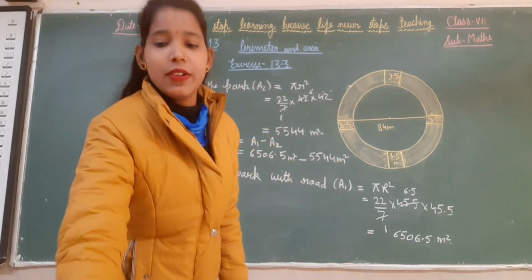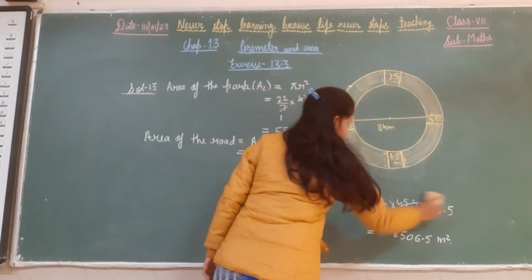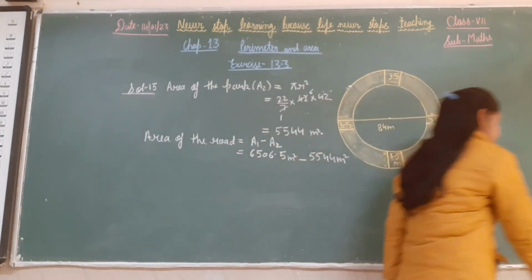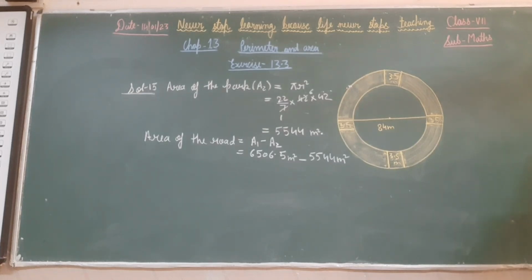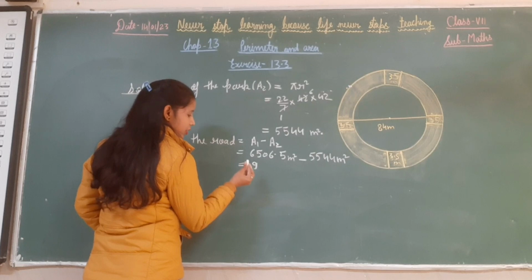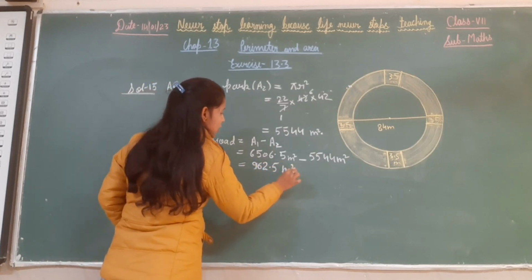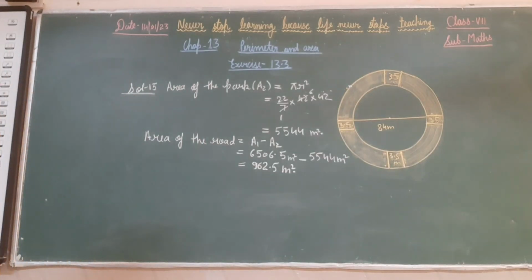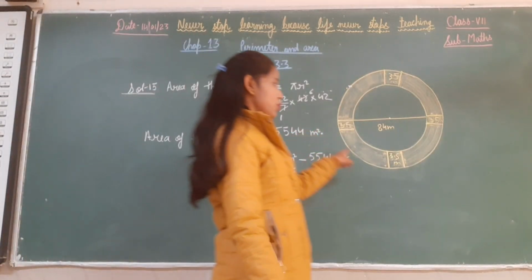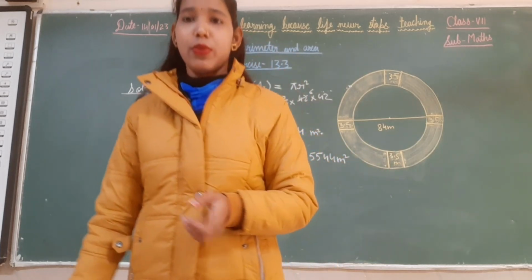Now subtract it. What will come here? 962.5 meter square. This is the area of the road, meaning the area of the shaded portion. Class, you have to draw the figure. All the figures you have to draw in your fair notebook.